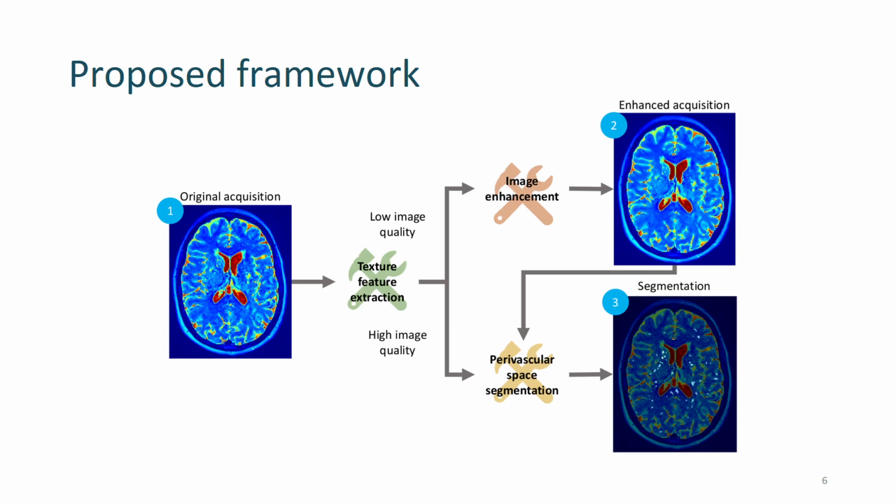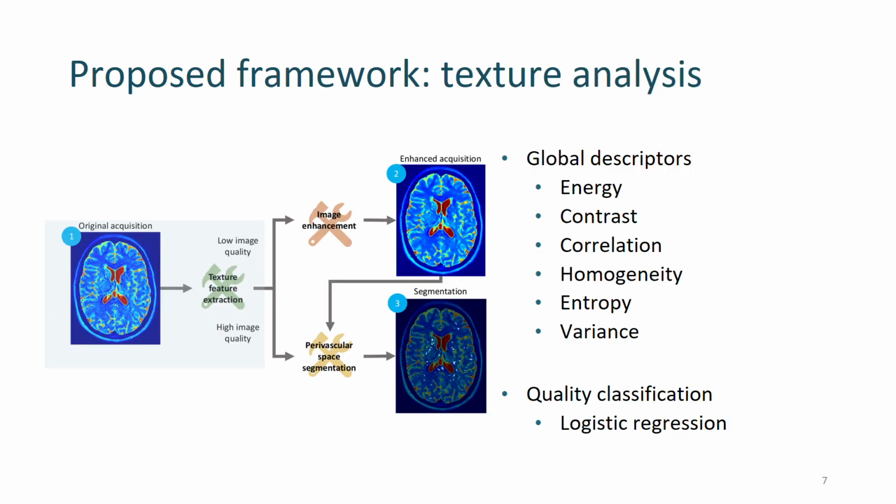For that, we propose a framework for assessing the quality of an incoming image, enhancing it if needed, and segmenting its perivascular spaces. So I will go now through each one of the steps in detail. So first, we classify an incoming image into low and high quality using texture analysis.